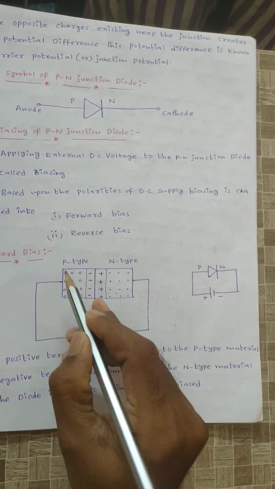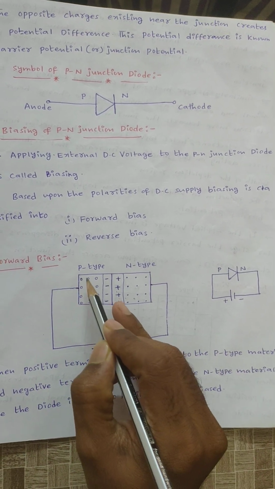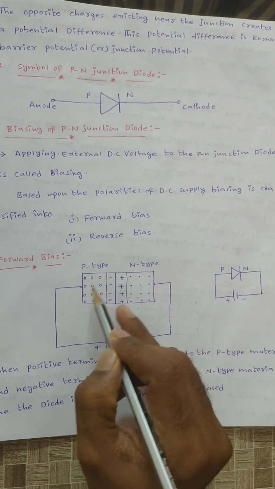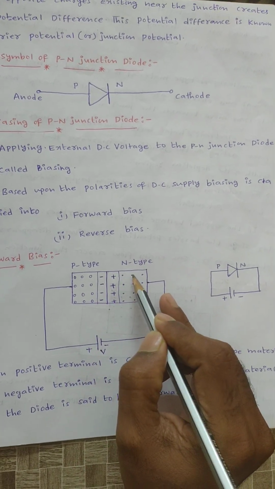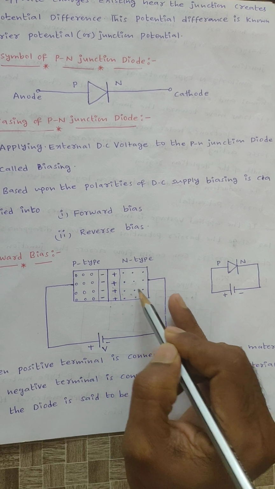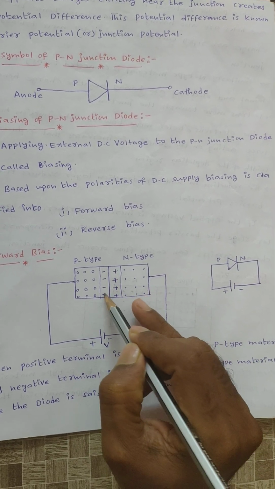See here, this is a PN junction diode. Here I am considering only majority charge carriers. In P type, holes are majority charge carriers. Similarly, in N type, electrons are the majority charge carriers. The negative ions and positive ions together form the barrier potential.